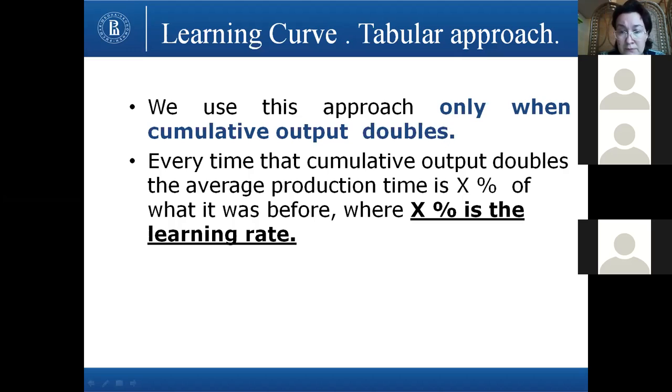We use the following logic. Every time that cumulative output doubles, the average production time equals X% of what it was before. And X% is the learning rate.